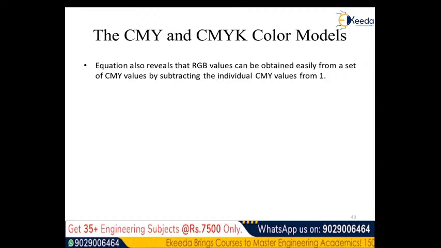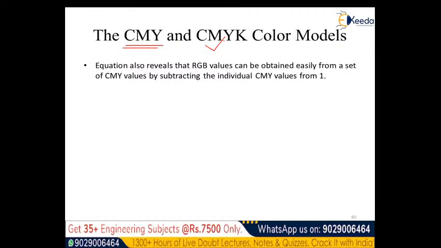Now in image processing, the color model we are discussing is initially CMY, and later on we shall talk about CMYK. This color model is used in connection with generating hard copy output, as we have just discussed.